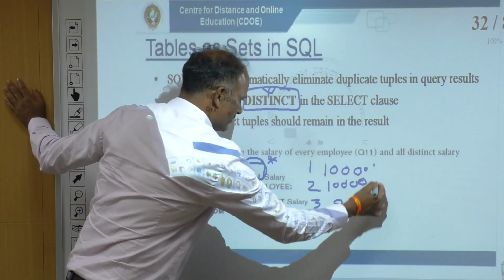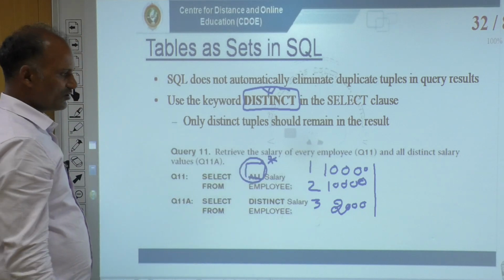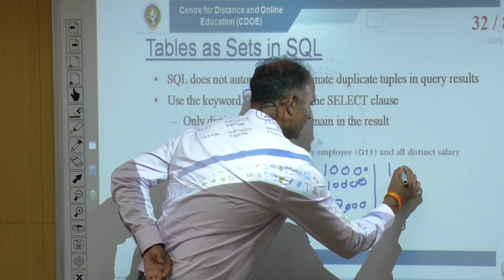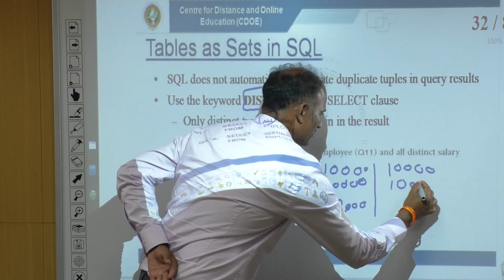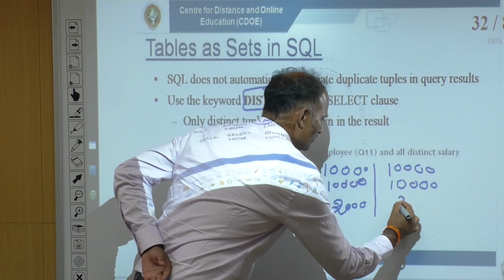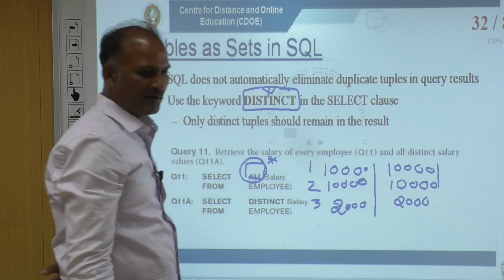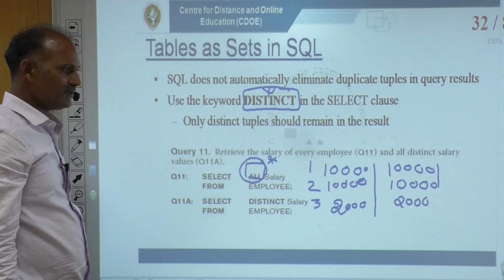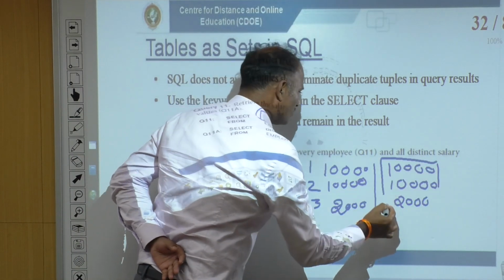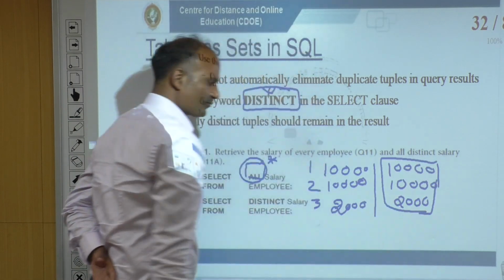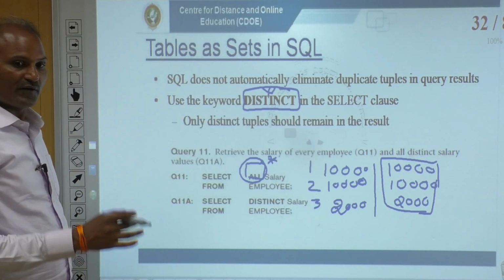In that case, if you use select all salary, the output you get is 10,000, 10,000, 2,000. If you look at these two values, this is a duplicate.